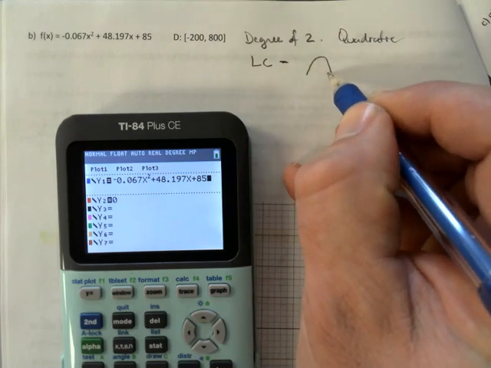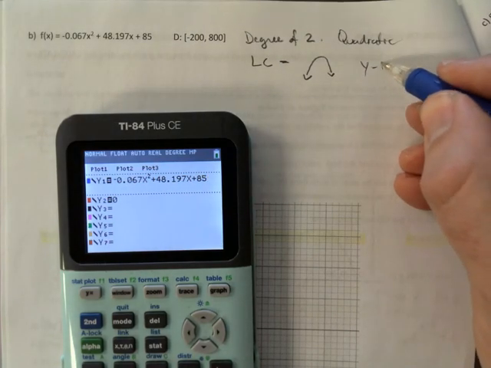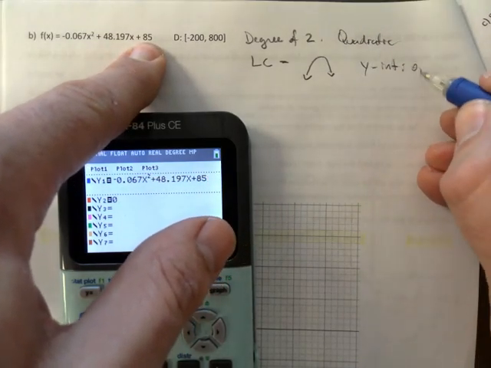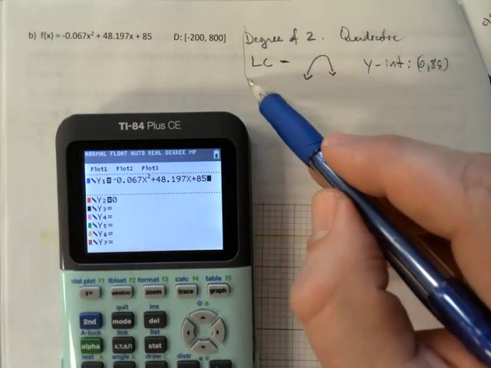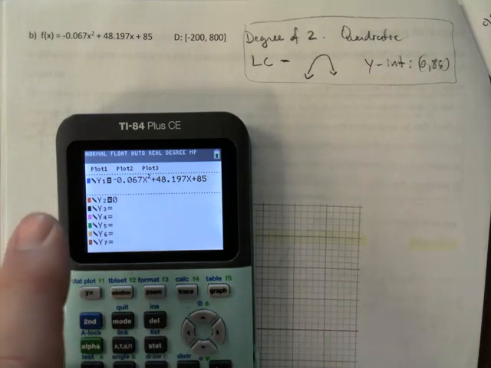It's going to point down. The legs are going to go down. Okay, so all of these things you already know. What's the y-intercept? 85. Okay, 0, 85. So I think it would be fair to say that these things you should be able to figure out without the calculator, just like that. So let's graph this now.